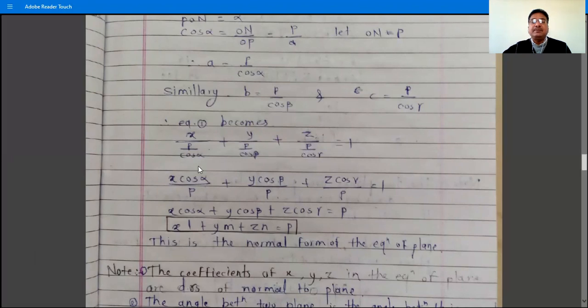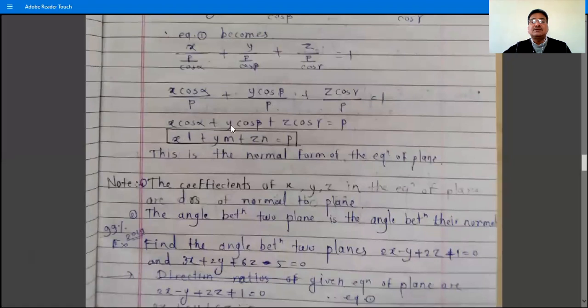After simplification we have x cos alpha by p, plus y cos beta by p, plus z cos gamma by p is equal to 1. Multiplying by small p, we get x cos alpha plus y cos beta plus z cos gamma is equal to p, or lx plus my plus nz is equal to p.